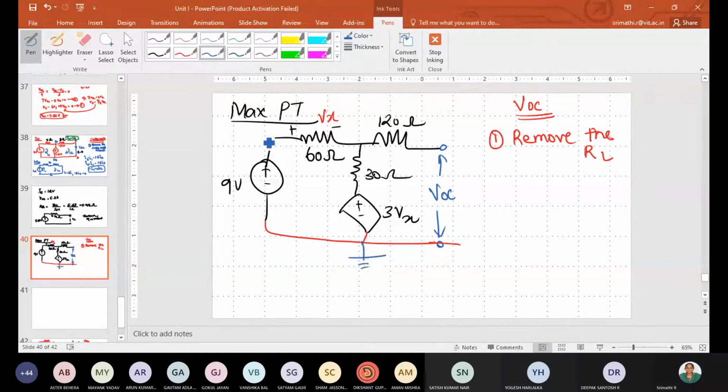This is V1, where V1 is 9 volt. And only 1. Am I right? Yes, because here there won't be any current flow, since it's an open circuited branch. There won't be any current flow in 120 ohms. Am I right?